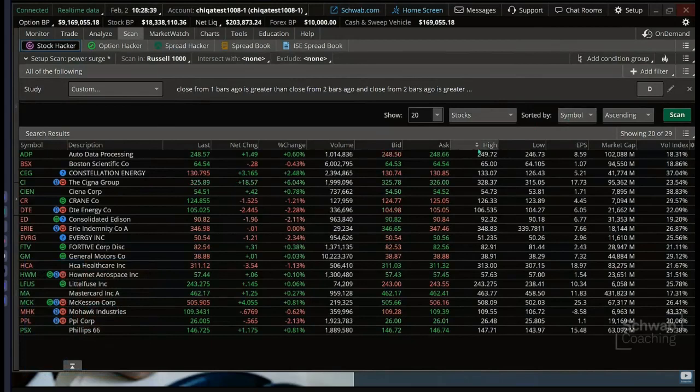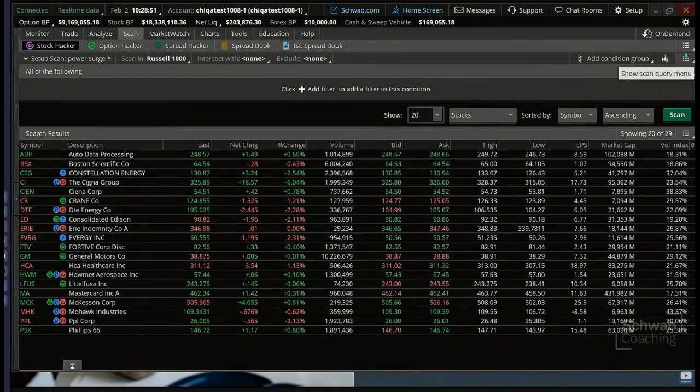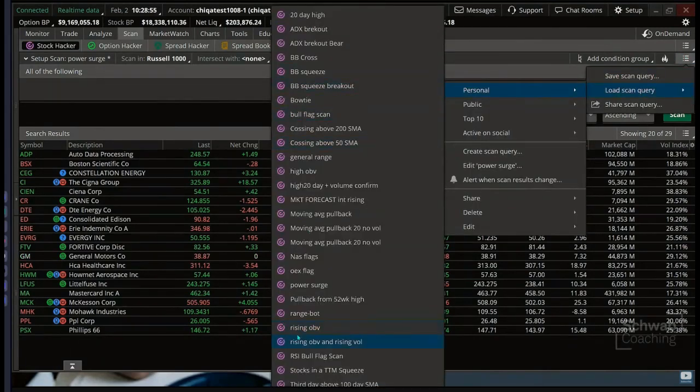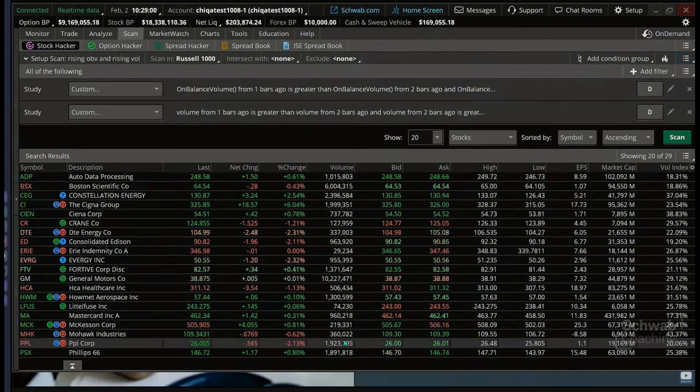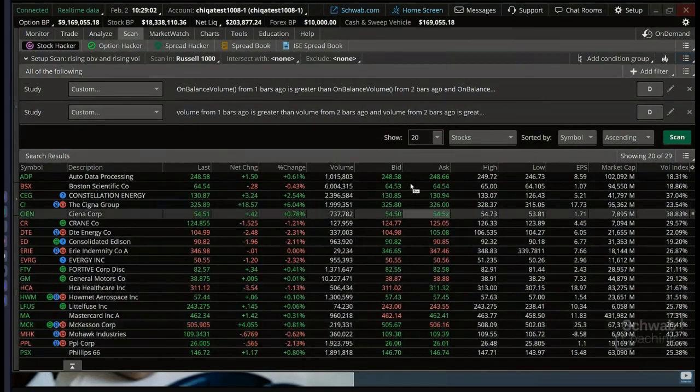We'll just have stocks with the 10-day moving average greater than the 20-day moving average. All right, so let's stop here. And what we will do is load in our rising volume and rising OBV, and then we will add in our trend and see what we get.